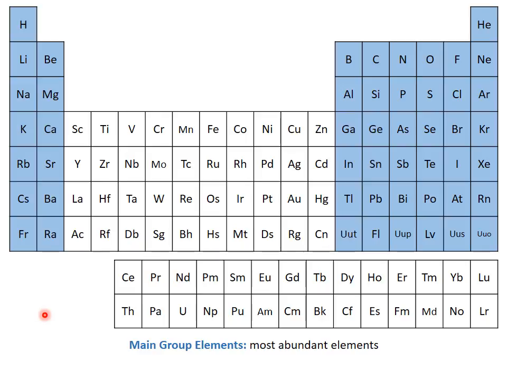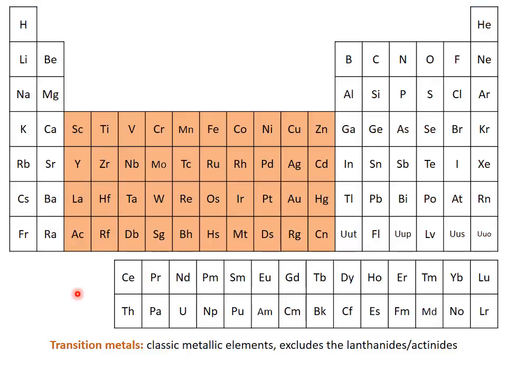The main group elements are simply all of the elements that are in groups 1 and 2 and 13 through 18. These are the most abundant elements in the solar system and the most abundant elements on Earth. This is in contrast to the transition metals. These are the classic metallic elements, and these were discovered first, which is mainly why they get their own group.